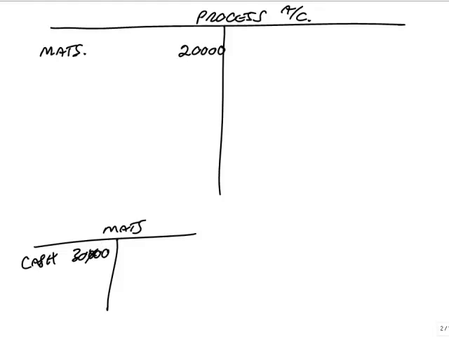Whenever they use material in the process, they credit the material account with the amount they've used, and they charge the process. And on my invented figures here, they'd still have 10,000 material left in inventory. You agree? But every time they use any, they put it to the process. It's part of the cost of this process.